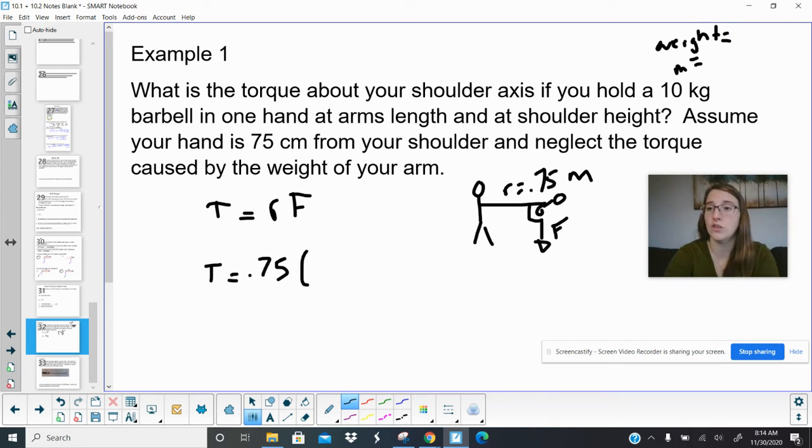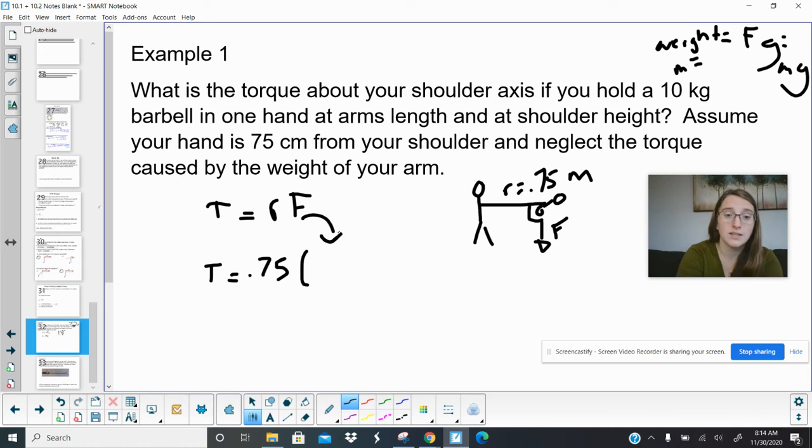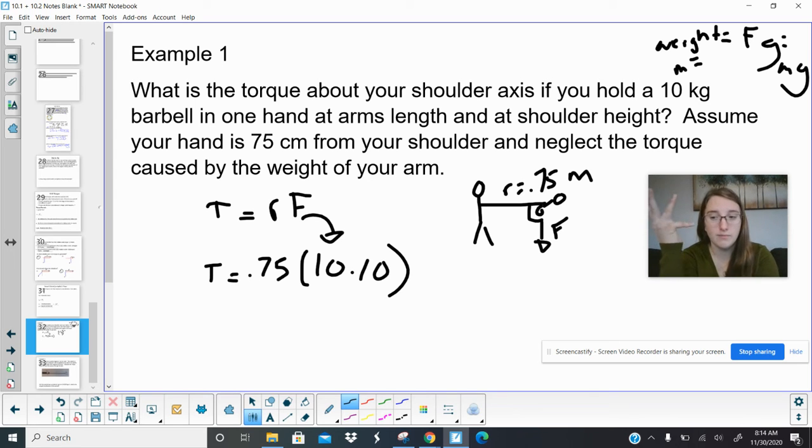Weight is the force of gravity that you generate. So that's going to be mass times gravity. So in this case, the force is mass times gravity. This is going to be 10 times 10. That's 10 kilograms, and that's 10 meters per second squared for gravity.